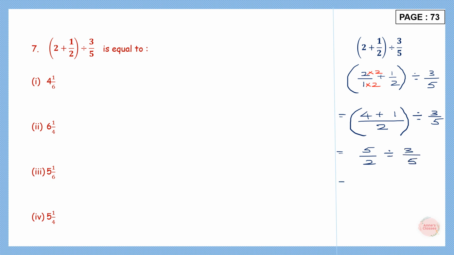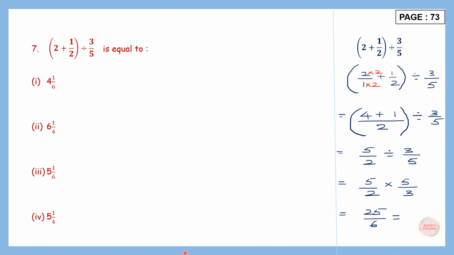This is division of fractions. How do we do division of fractions? We say 5 by 2, change division into multiplication and write the reciprocal of 3 by 5. We make it 5 by 3. Now let's multiply the numerators: 5 5s are 25, and the denominators 2 3s are 6. Now it's an improper fraction, so we'll convert it to a mixed number.